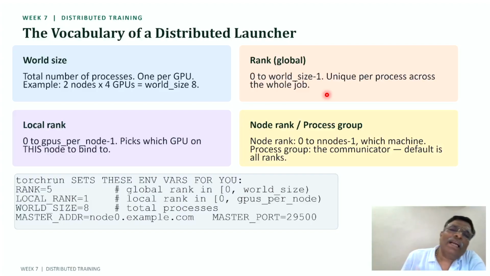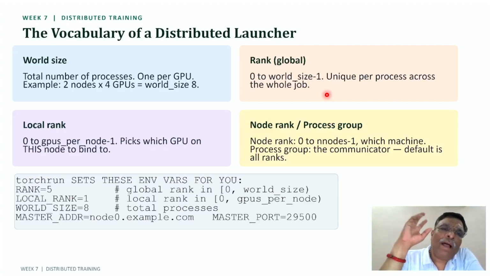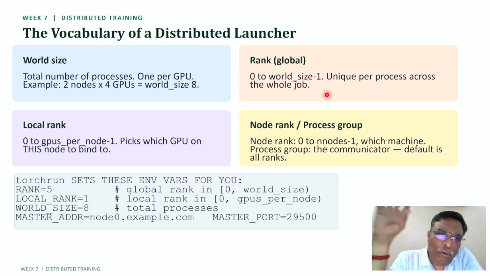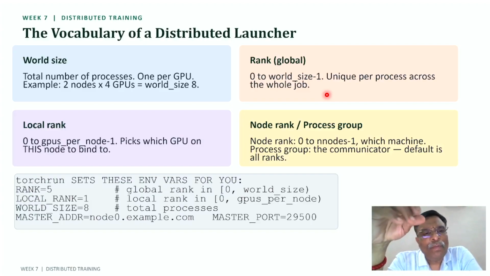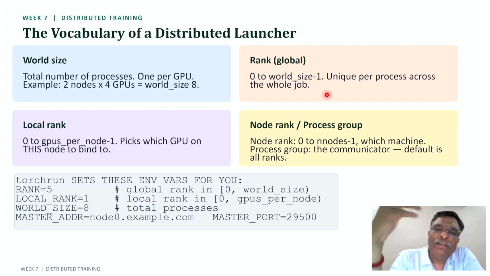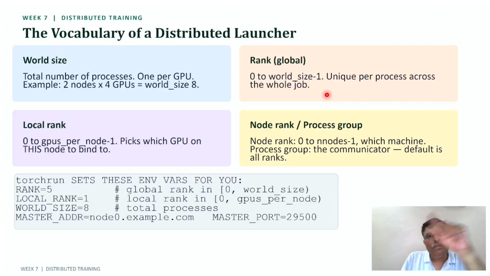So the basic idea is we have the total number of processes named globally, then we give them a local rank, and we can also link them to one of the nodes, which we call the node rank. This is the terminology and vocabulary we generally use when we start distributing our workload with a distributed launcher.